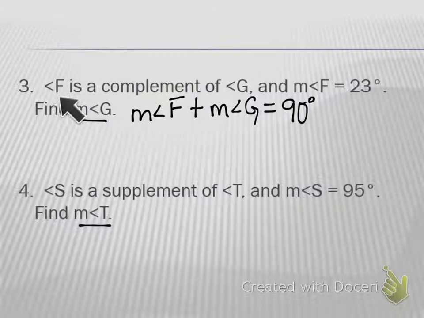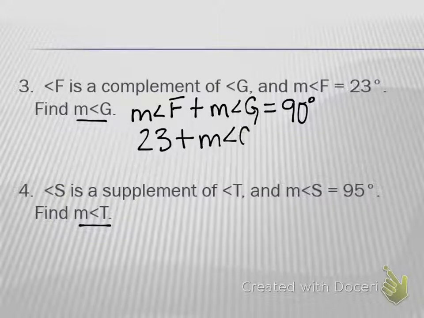From that first sentence, I can set that up. Then they tell me what the measure of angle F is, so I can substitute that in or plug that in. Now really, this goes back to algebra. How am I going to figure out what the measure of angle G is? Jaden?